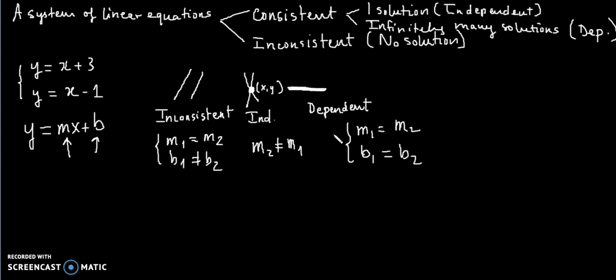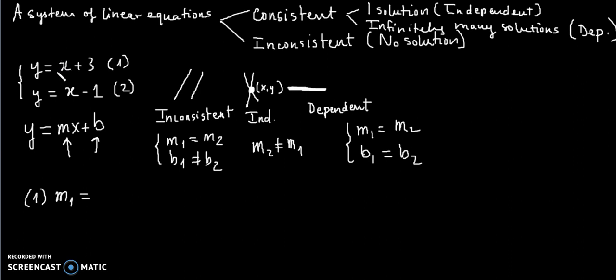Okay, so now let's apply this. Let's number this as equation 1 and this as equation 2. For equation 1, I have slope m1 equal to what? The number in front of x, without being written out, we know is 1.